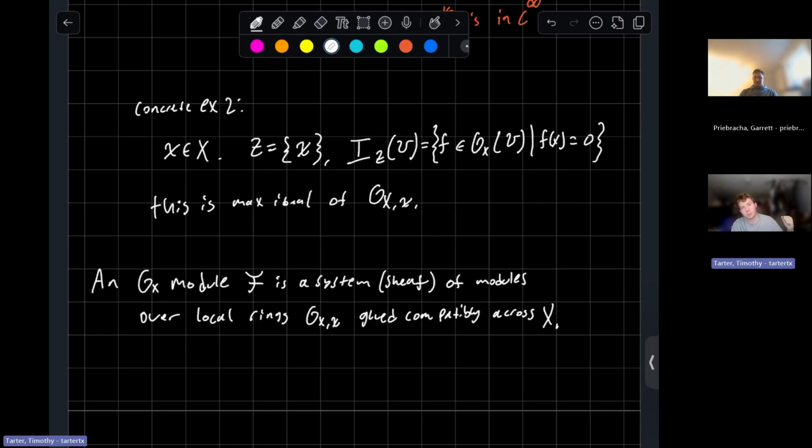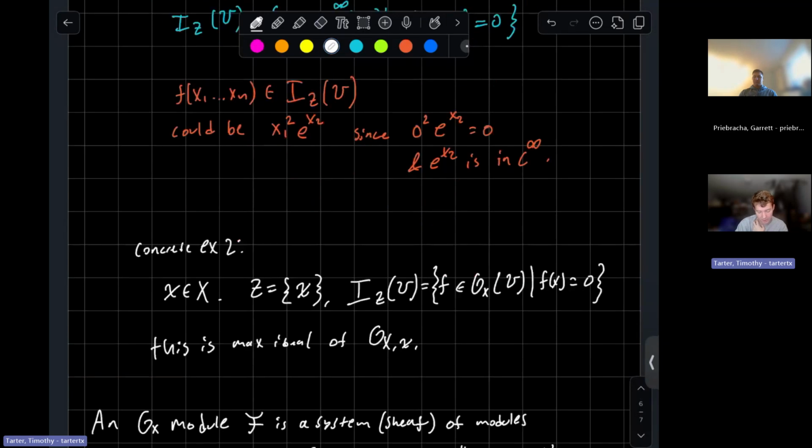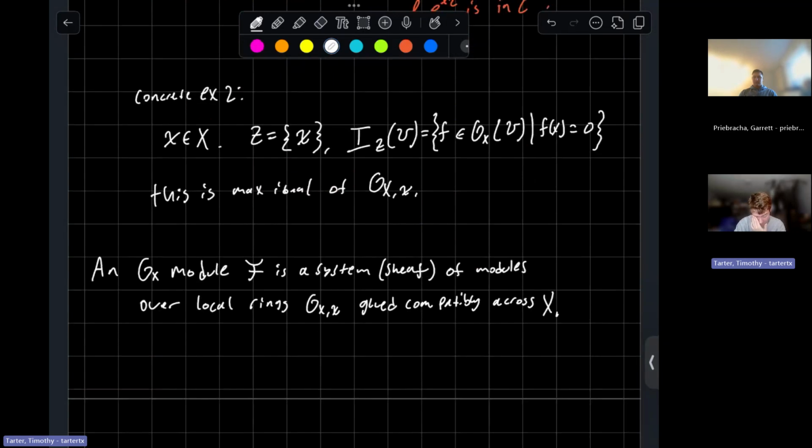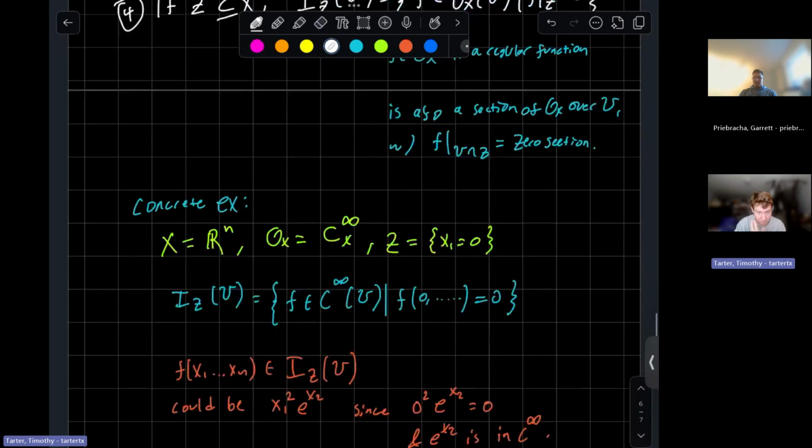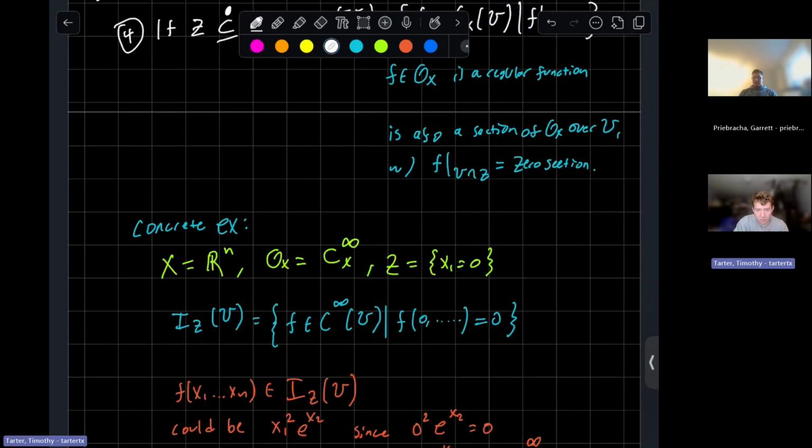And then as we change the subset, it changes the value that we evaluate them at. And so we look for vanishing of OX modules, like what we did with this ideal example.